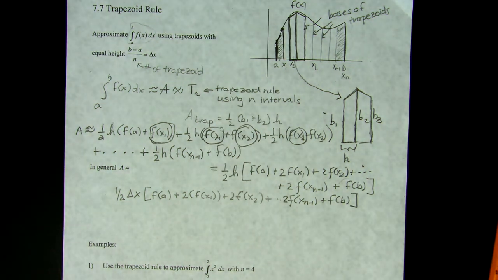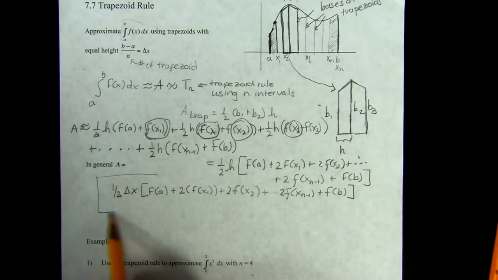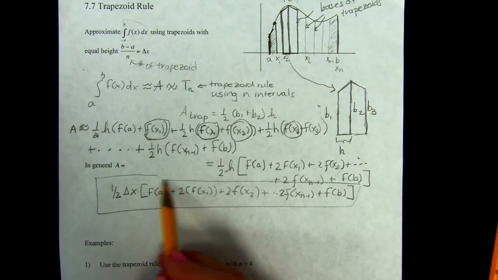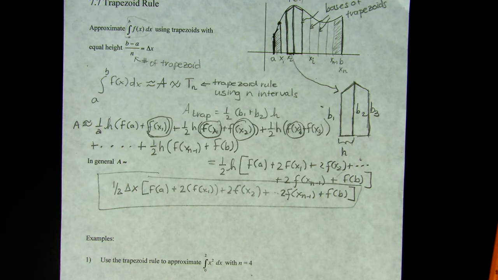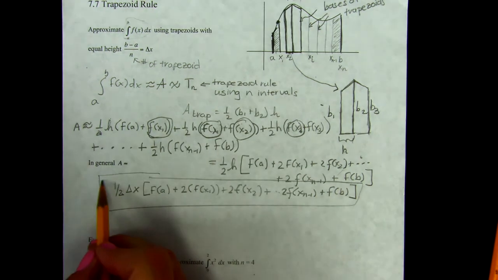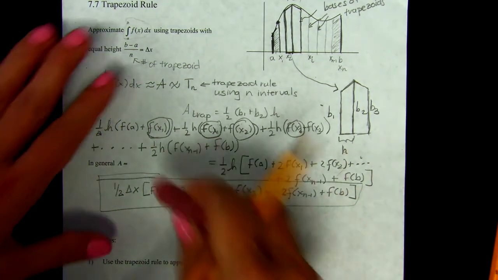All right, so this is the formula that you're going to use right here to find the estimate of the area under the curve using the trapezoid rule. So let's do one example.